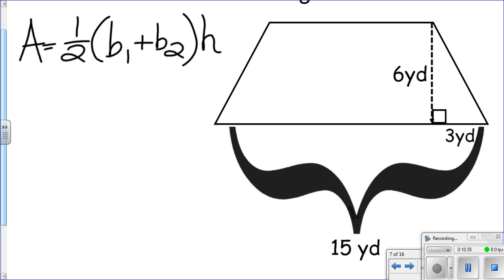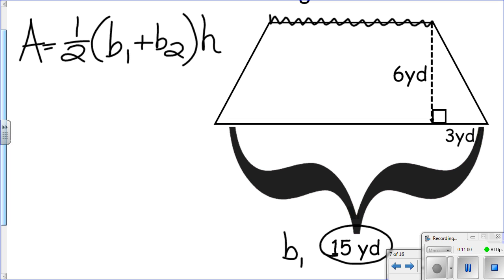The first thing you should do is identify the pieces. Okay, so this 15 down here is one of my bases. It doesn't matter if you label it base 1 or base 2. Now you will notice I don't have a base up here. This is where I need to find the base.